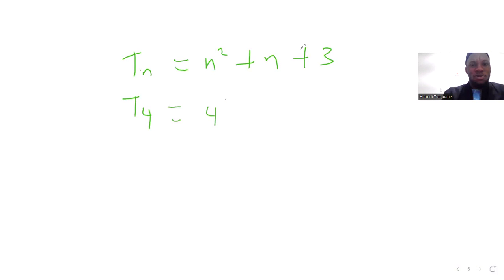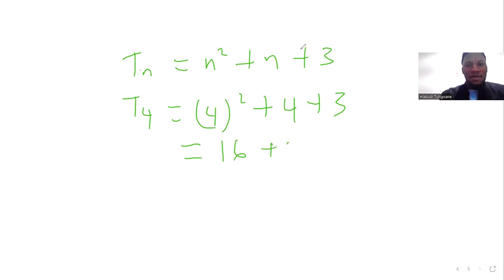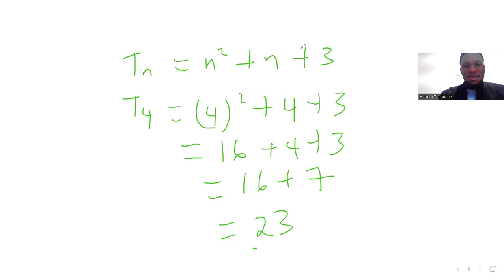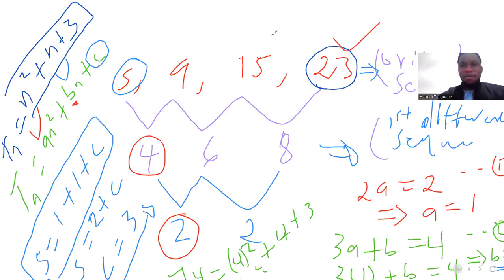T4 equals 4 squared plus 4 plus 3, that's 16 plus 4 plus 3. What is 16 plus 7? 16 plus 7 is 23. Isn't that amazing? Look, 23 and then 23.